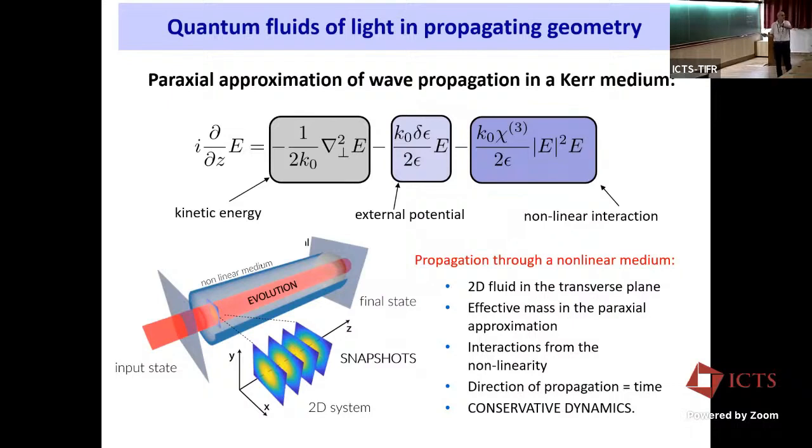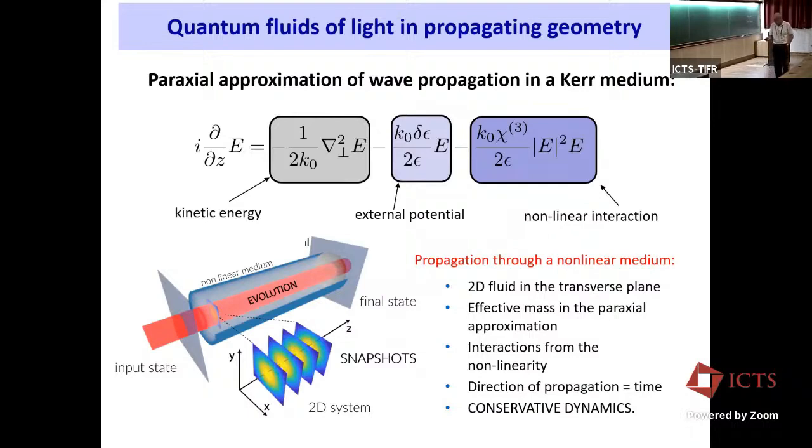This system allows us to have a quantum fluid of light in the transverse plane orthogonal to the propagation direction. There is an important difference here, because you can see that the derivative is with respect to z, not with respect to time. So here the propagation distance is the equivalent of the evolution time.